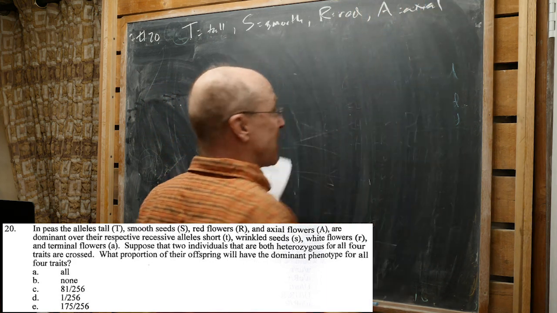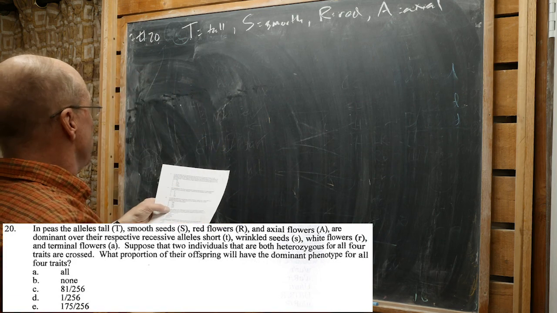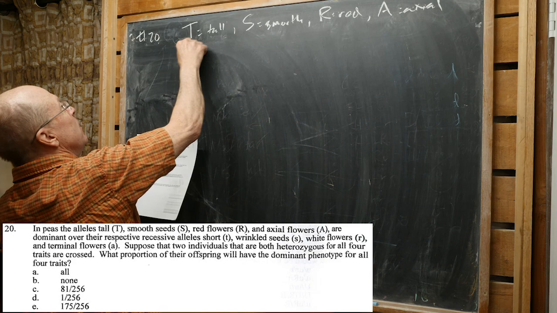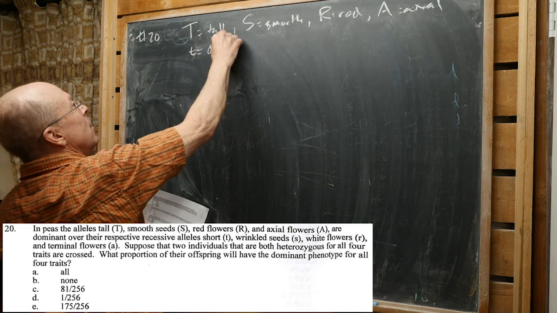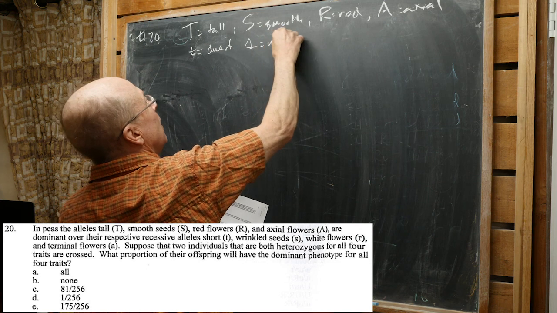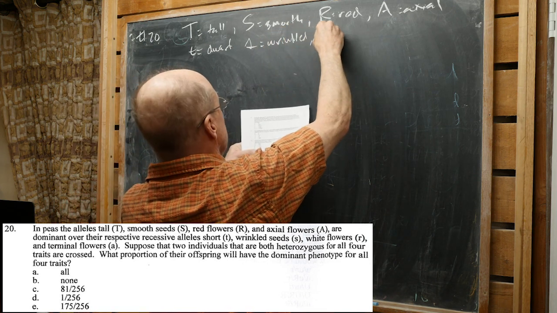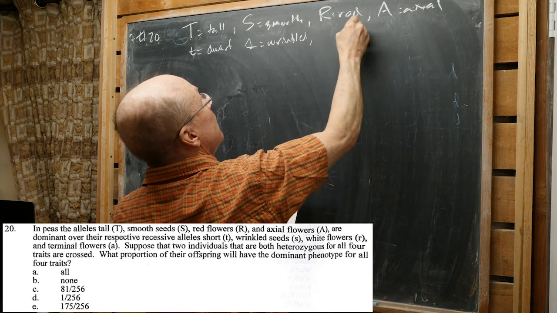This is the classic Mendelian toolkit right here. We got it all. And they are dominant over their respectives. So this was dwarf, you might remember. This was wrinkled. This was white.